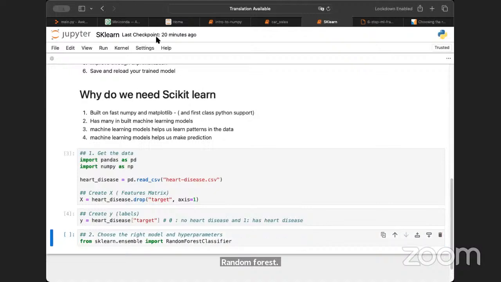Now, before going to random forest classifier, we need to understand what is a random forest classifier. Let me find the right words.